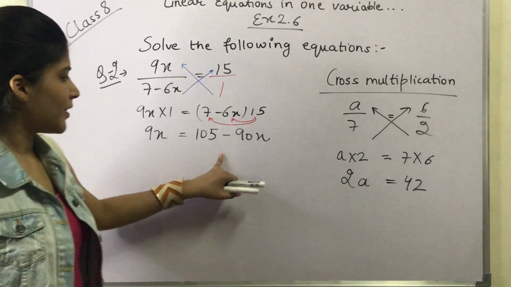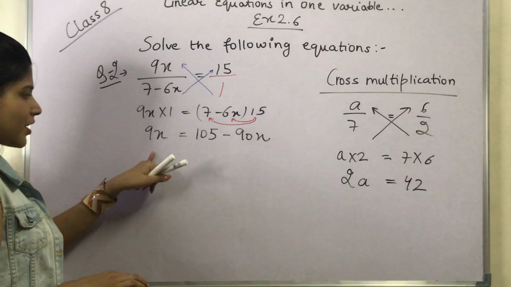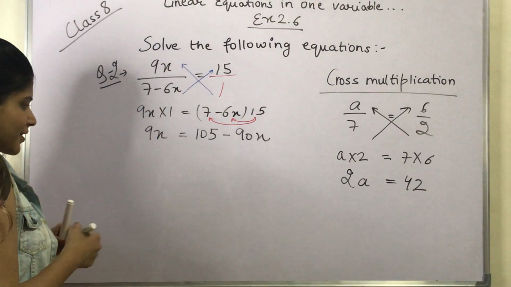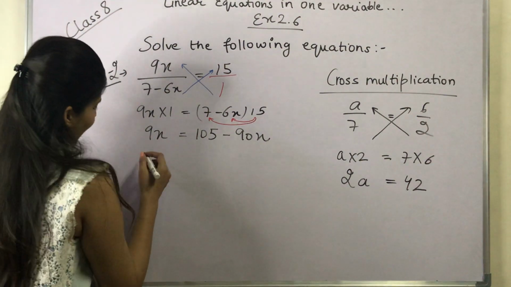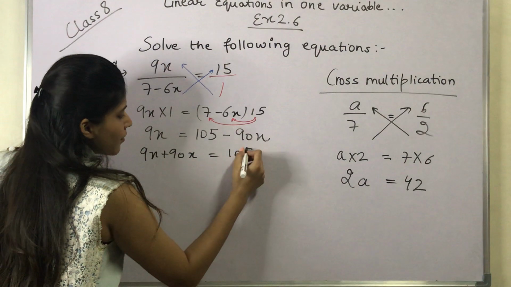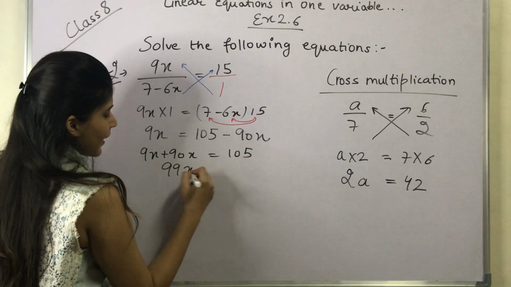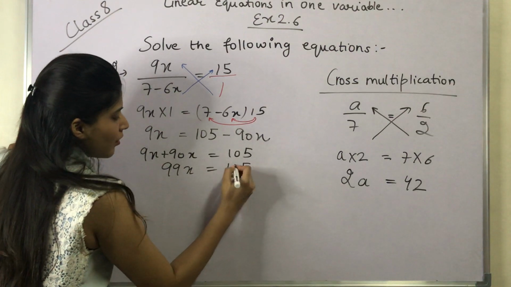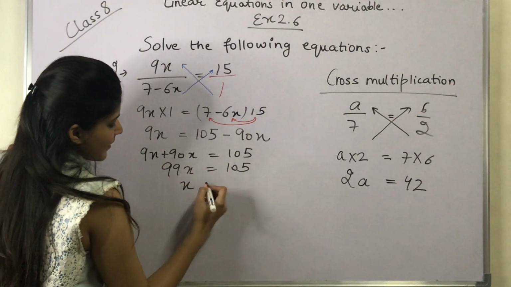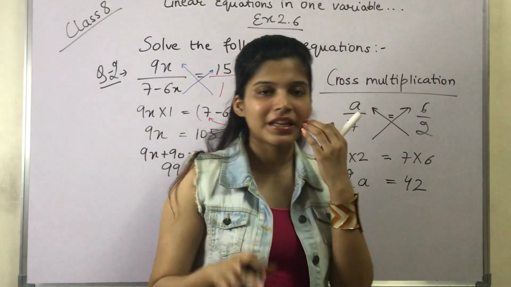So now the question becomes 9x equals 105 minus 90x. Now minus 90x will be transposed to LHS. So 9x plus 90x equals 105 as it is. 9 plus 90 is 99x equals 105. Now 99 is in multiplication with x, the variable.